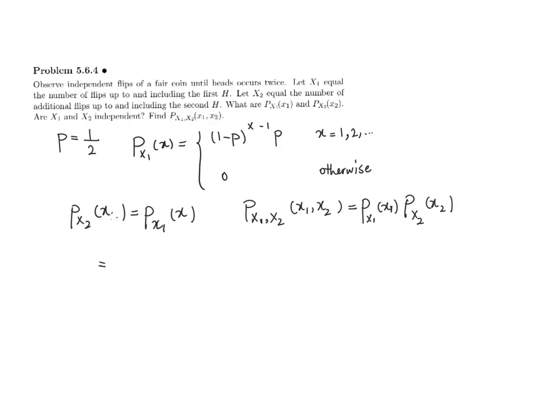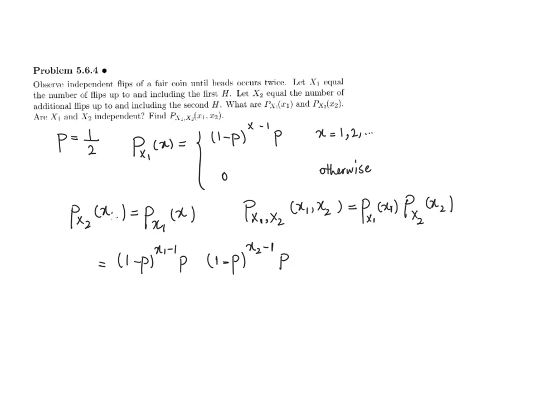The probability of X1 is (1 minus P) to the power x1 minus 1, times P. For the probability of X2, we can write the same thing, but instead of x1 we have x2.